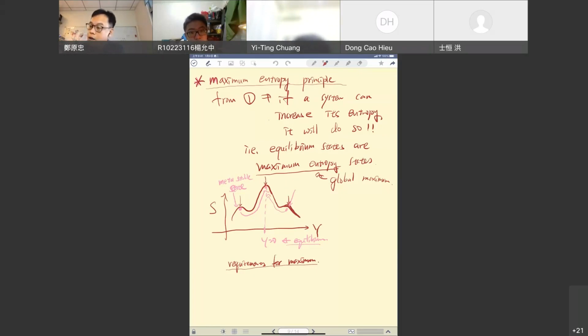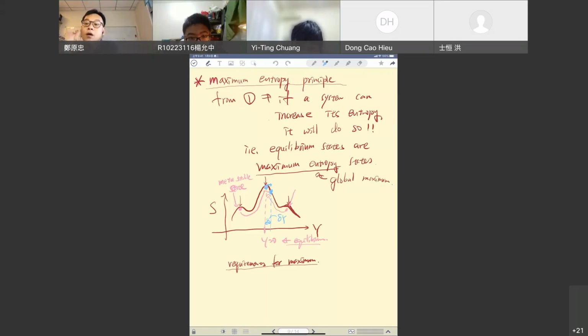From simple mathematics, we know that if this point is a maximum, then any deviation from this point will give rise to a negative change in its value. If we start from this maximum, displace the system a little bit, and go to another point down here, let's say this change is delta y.